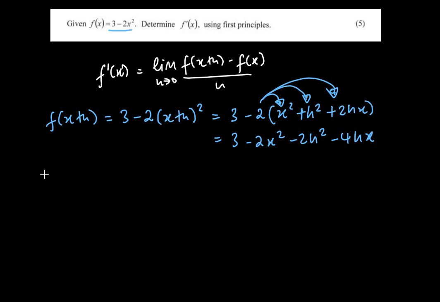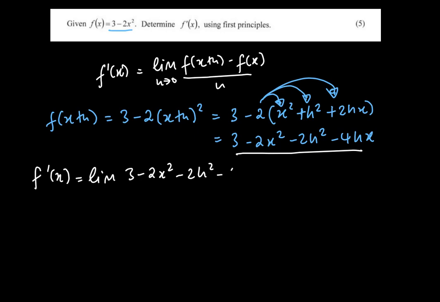So we're gonna say the derivative of f would be the limit of this as our f of x plus h. So I'm gonna say 3 minus 2x squared, and then minus 2h squared, and then minus 4hx, right? Then I say minus. After I'm done copying out my f of x plus h, I say minus. Then I say what is my f at x?